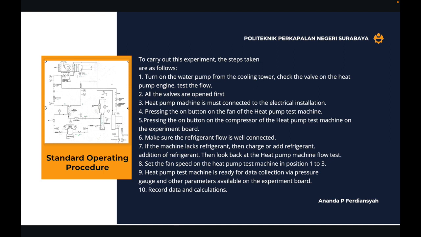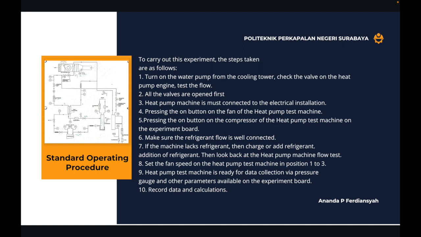Fourth, press the on button on the fan of the heat pump test machine. Fifth, press the on button on the compressor of the heat pump test machine on the experiment board. Sixth, make sure the refrigerant flow is well connected. Seventh, if the machine lacks refrigerant, then charge or add refrigerant, and after adding refrigerant, look back at the heat pump machine flow test.